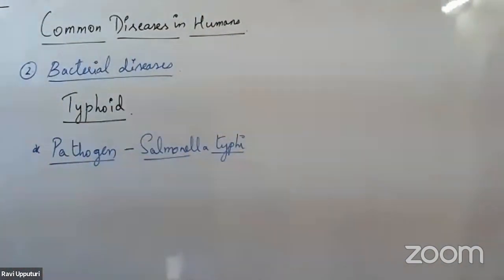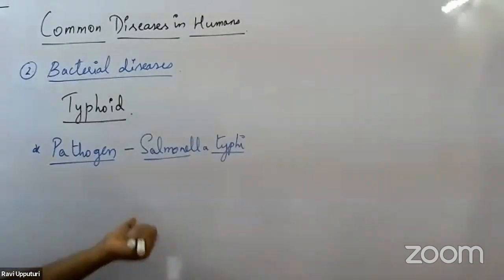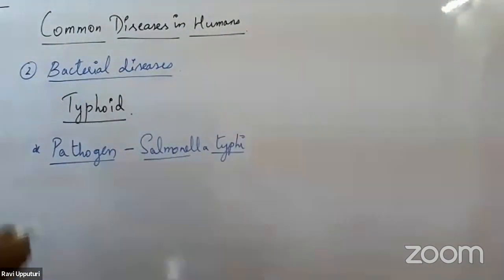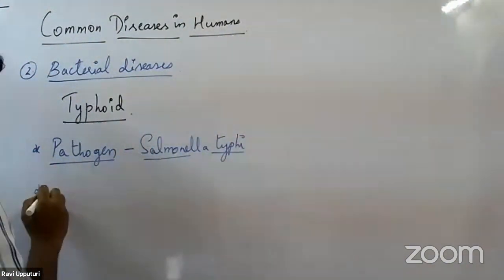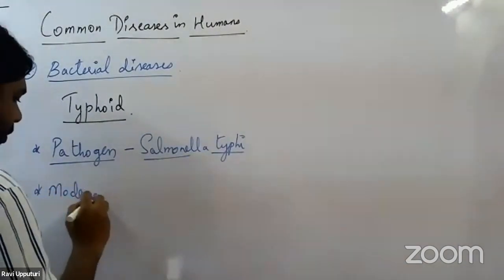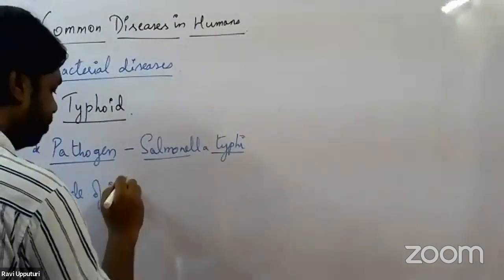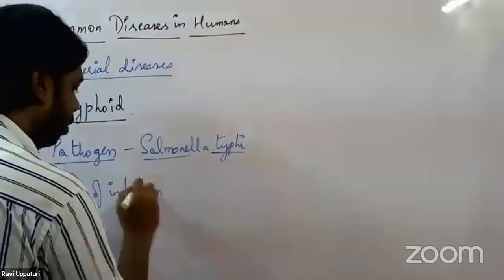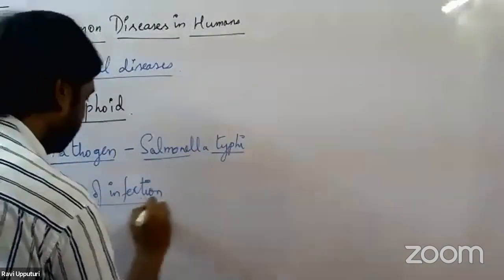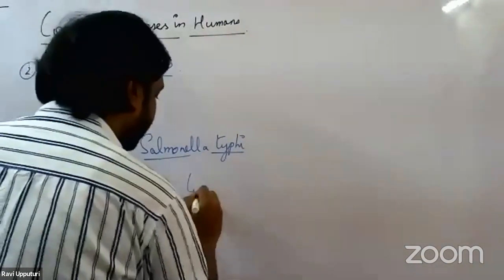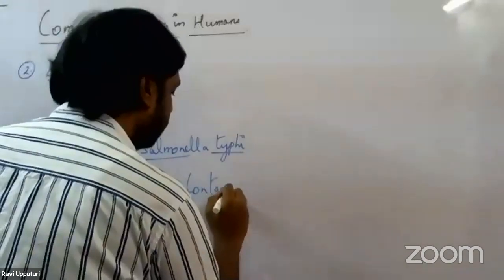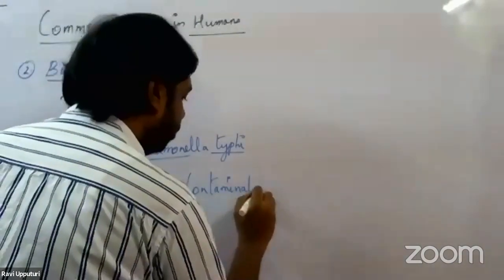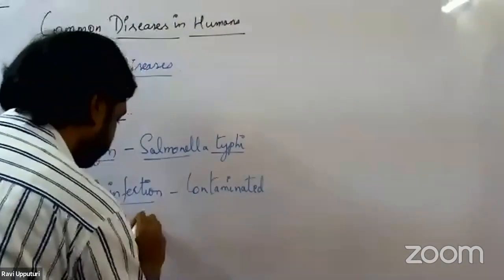The causative organism of typhoid is Salmonella typhi. Next, talking about the mode of infection. How is this disease infected? The mode of infection of this disease is through contaminated food and water.